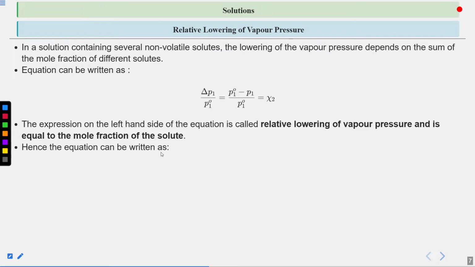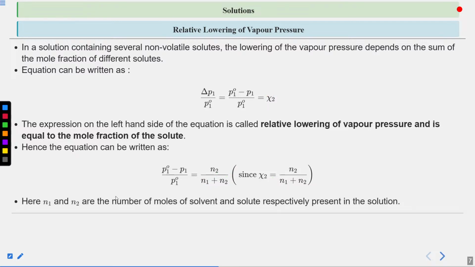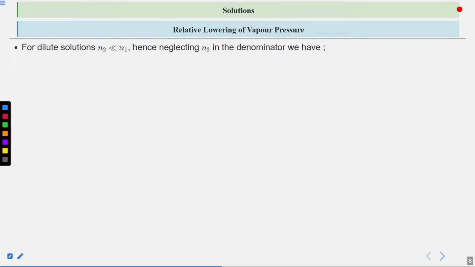Next, our equation can be written as, for the mole fraction chi2, we can write number of moles of the solute over total number of moles. This is the formula for the mole fraction. Now moving on further, we know that the solvent's concentration is very high.